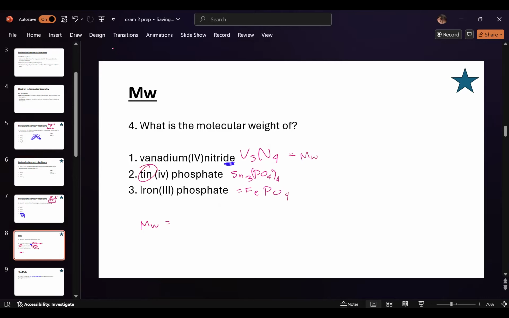For the first one, V3N4, it will be 3 times the mass of vanadium plus 4 times the mass of nitrogen. And that will be your molecular weight. Then you do the exact same thing for everything else.